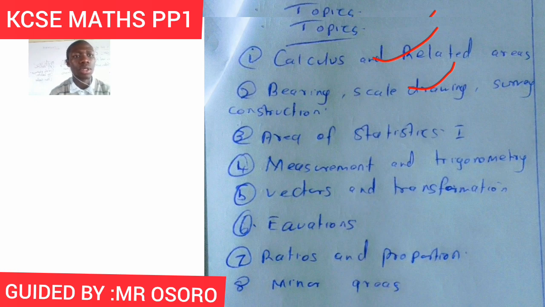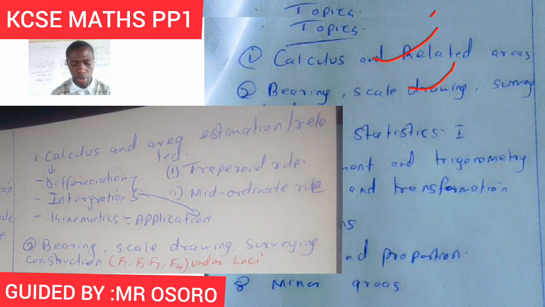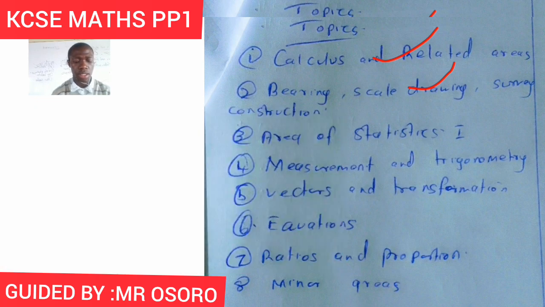You have to know bearing, which is a Form 1 topic, scale drawing is a Form 1 topic, and construction is Form 1. We also have another construction in Form 3 under tangents, and lastly the loci in Form 4. So expect a question from this area in Section B.